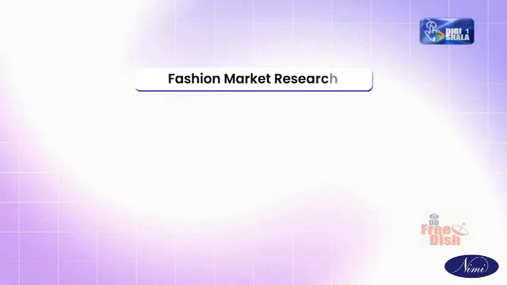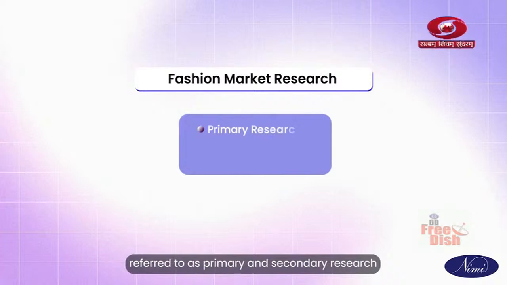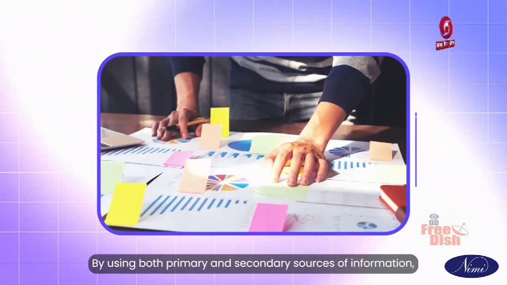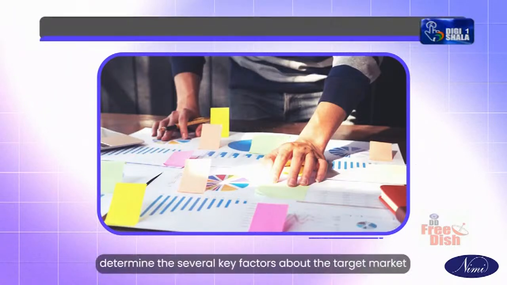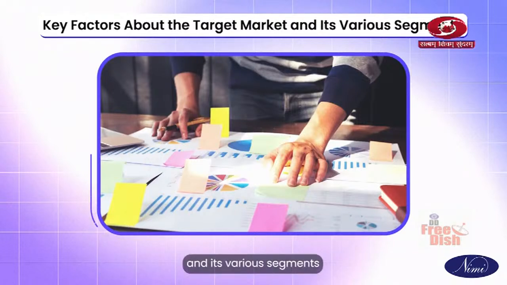Fashion market research is made up of 2 sources of information, referred to as primary and secondary research. By using both primary and secondary sources of information, determine several key factors about the target market and its various segments.